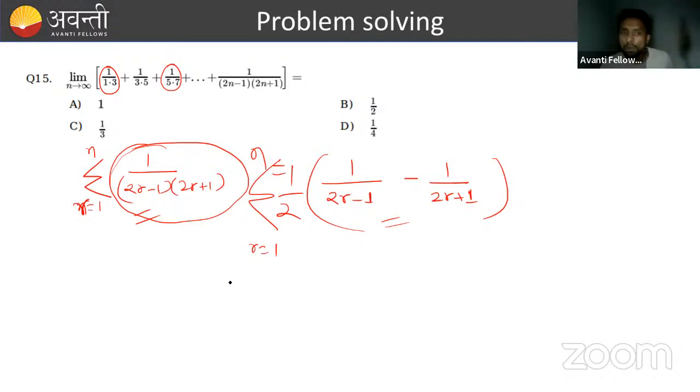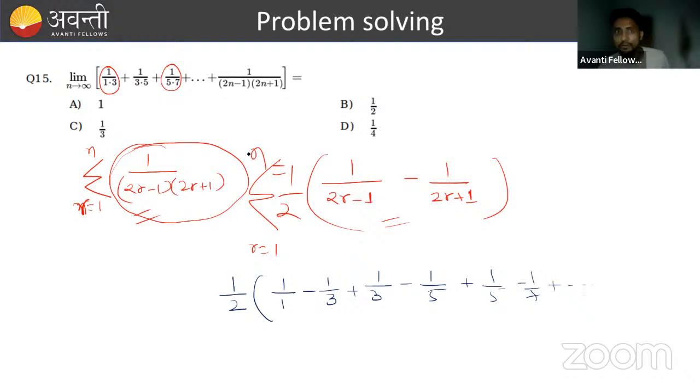So now what we are going to do, this is 1 by 2. If we put 1, it will be 1 by 1 minus 1 by 3. If I put 2, I will get 1 by 3 minus 1 by 5. Then 1 by 5 minus 1 by 7. And if you go till n, it will be 1 by (2n minus 1) minus 1 by (2n plus 1).